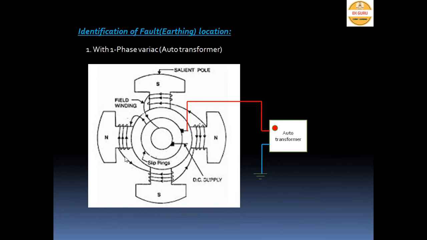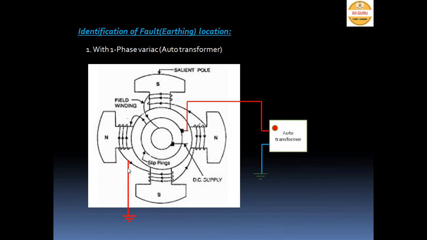If any part of the winding is earthed, then the fault current will flow through the ground through the auto transformer. If the winding is not earthed, then there will be no closed path for the auto transformer current, so the current will be zero.